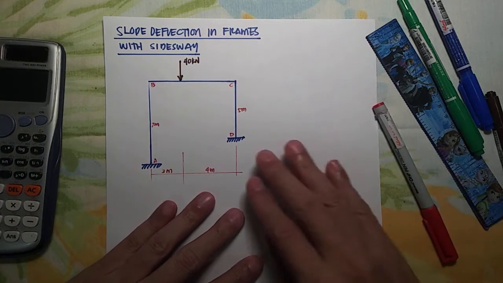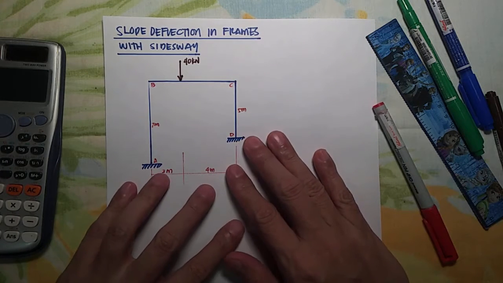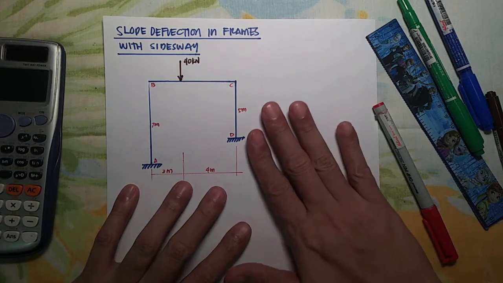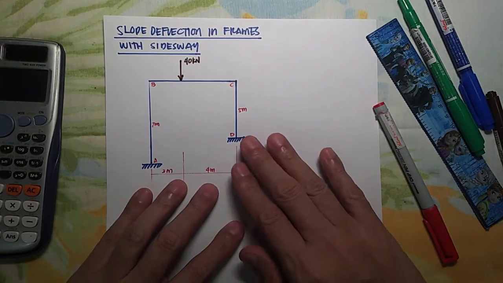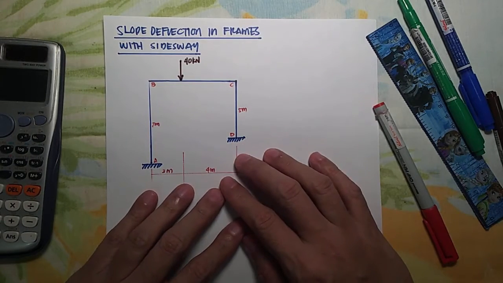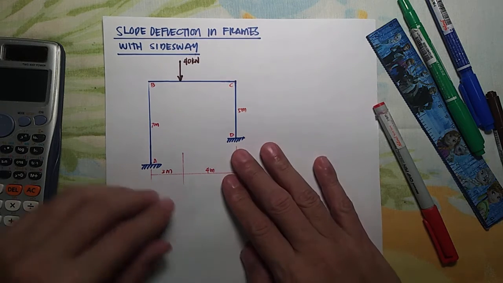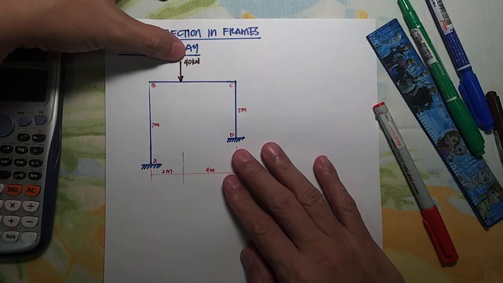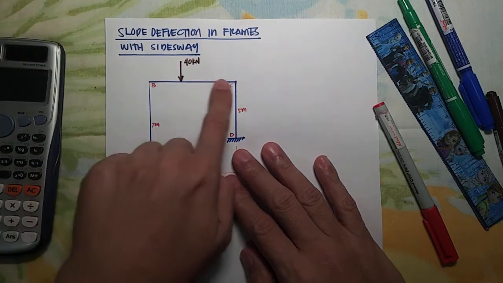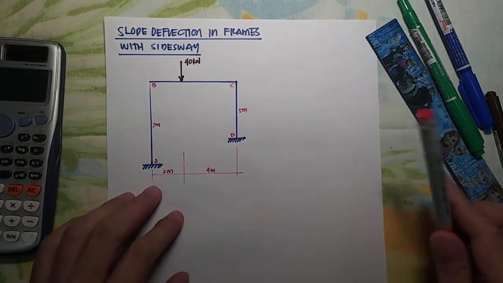First, let us draw the frame with sidesway upon the imposition of the sidesway. So what will happen to the frame considering sidesway? Initially, before the application of the 40 kilonewton load, this is the original position of the frame.